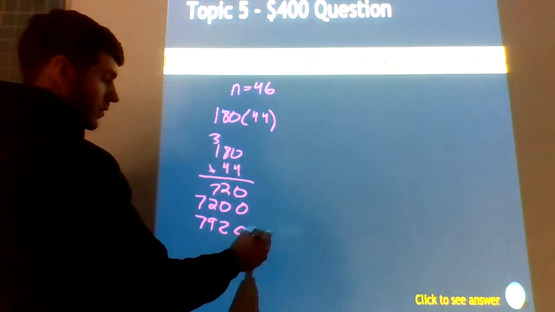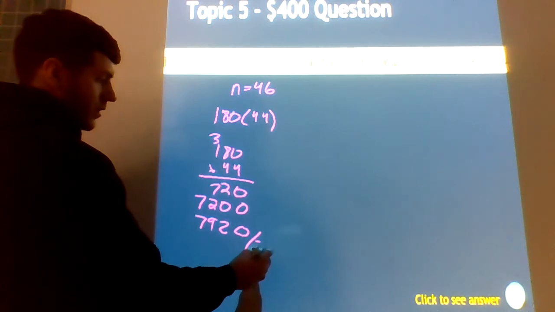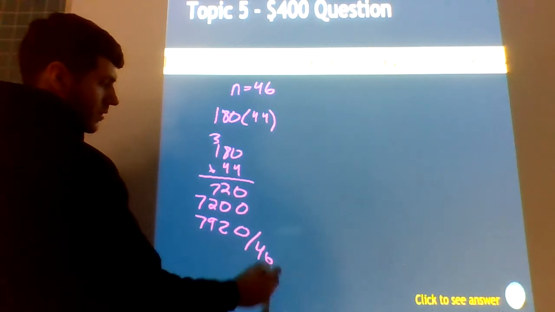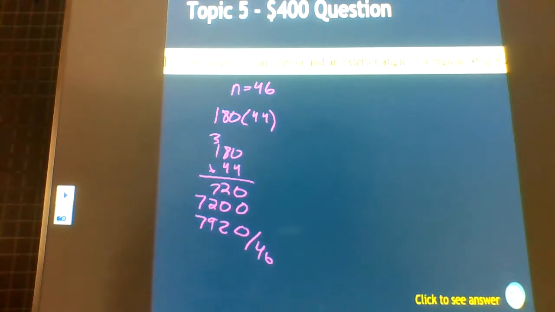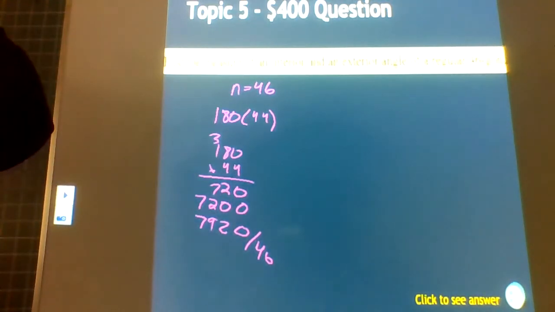There are 46 angles, so we need to divide by 46. And then whatever that is.